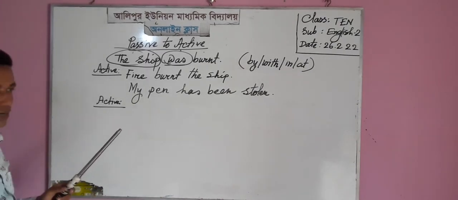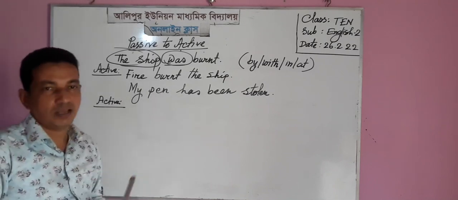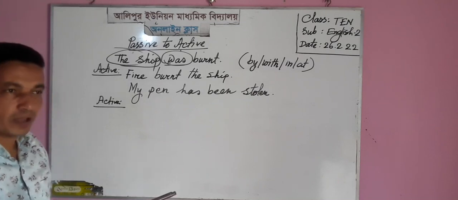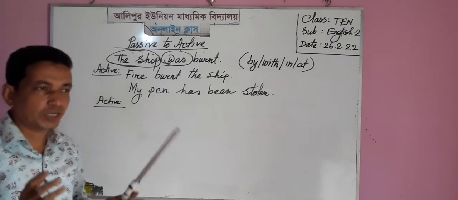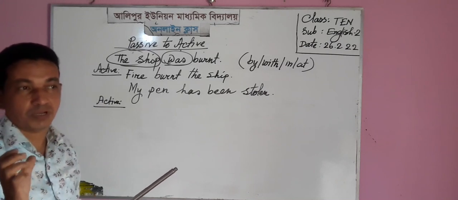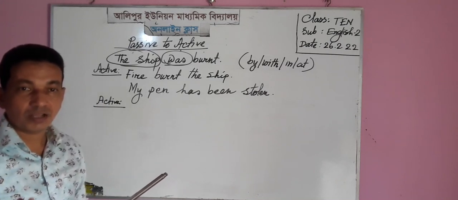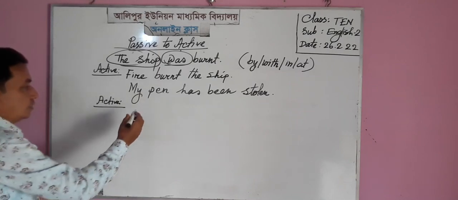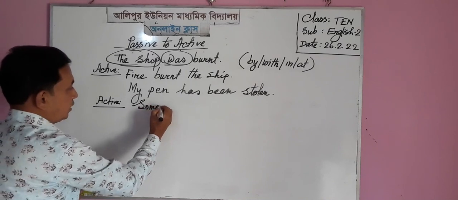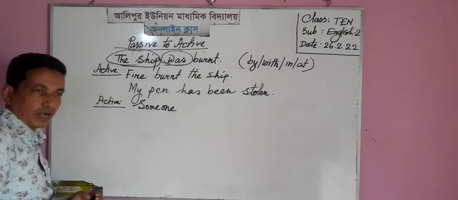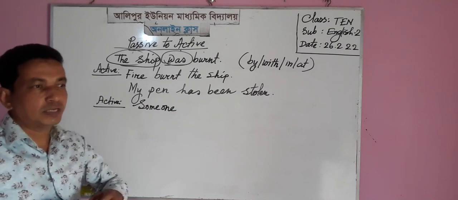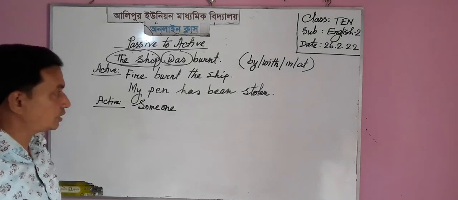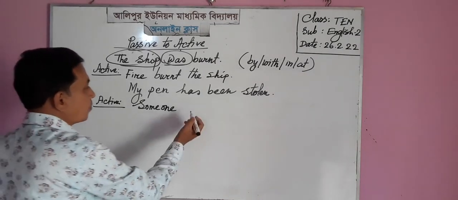So we have to search for the subject behind this sentence. My pen has been stolen. So how can my pen be stolen? At first I have to assume this thing. When I do not find any actual subject, in this case we have to select someone, somebody, people, authority, the government, etc. So someone.